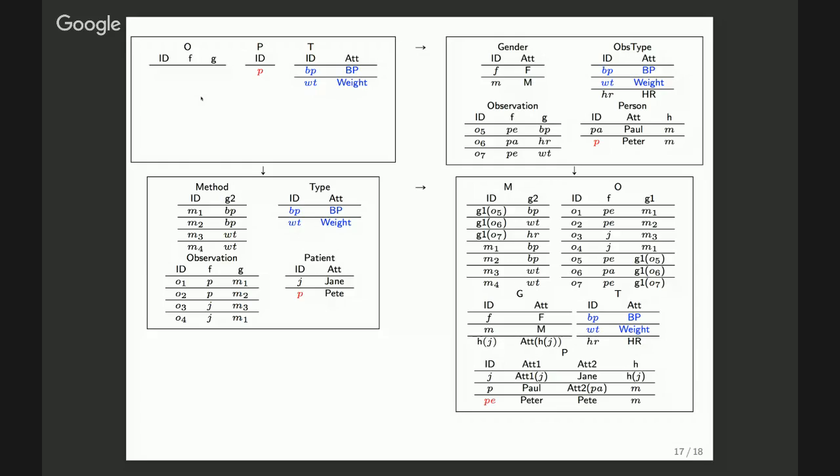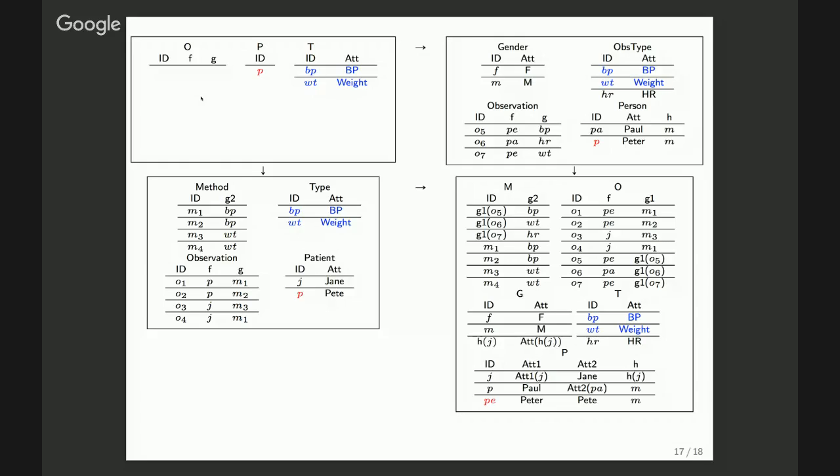So this does what you might expect. It forms intuitively the smallest union possible relative to the overlap and then fills in missing information such as the new gender as it has to. And this process of filling in that information is what's related to the chase from database theory.